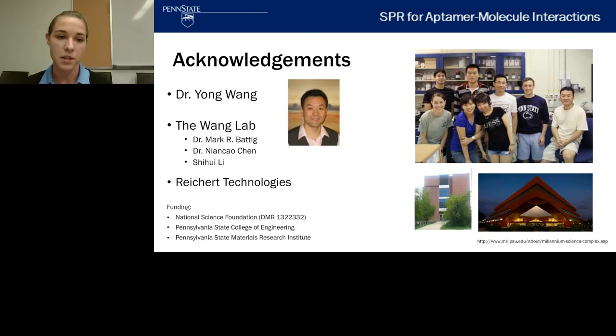This work has been done by a lot of groups, especially when looking at buffers and the importance of these cations in the binding of aptamers to other biomolecules. But our group does not specialize so much in the SELEX process in regards to this, and more so in the testing of aptamers to create functional biomaterials.